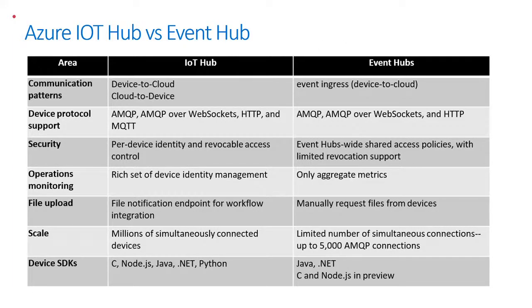Another big difference is in the transmission protocol. Here IoT Hub supports the MQTT protocol, which is not supported by Azure Event Hub. MQTT is a lightweight message transmission protocol that makes communication faster between the device and the cloud.